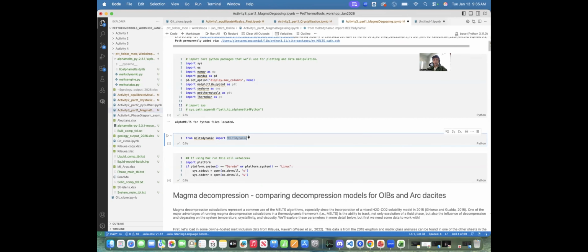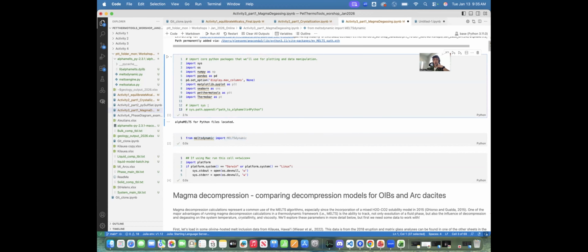The idea is that if your installation has worked correctly, you should be able to import melts dynamic. It's just importing one class from this file here. The key thing is that it tells us this file is on the Python path. If this returns an error, it means no PetThermoTools calculations are going to run.